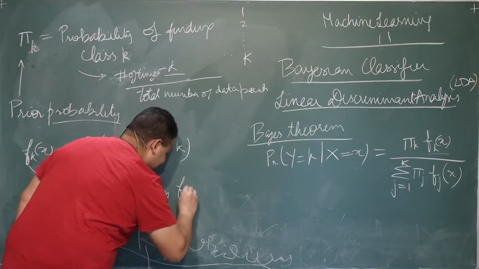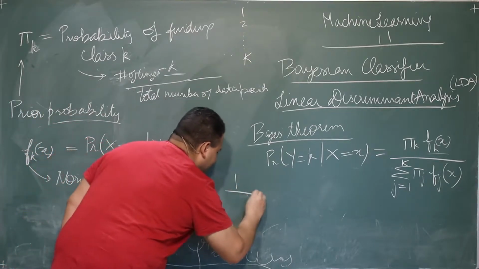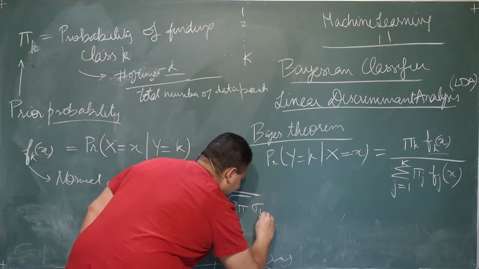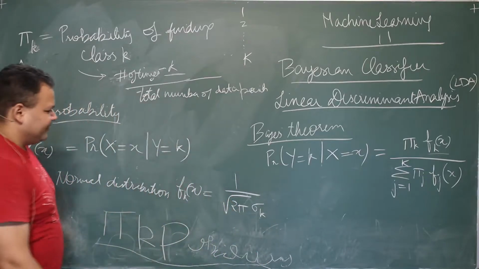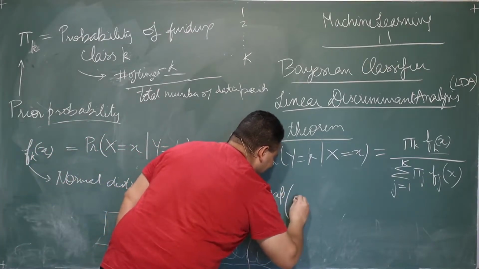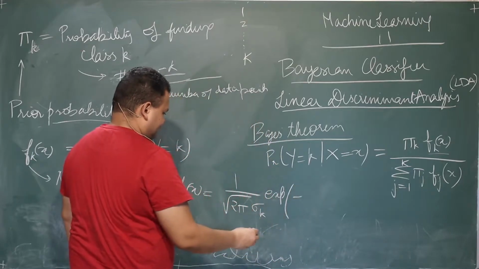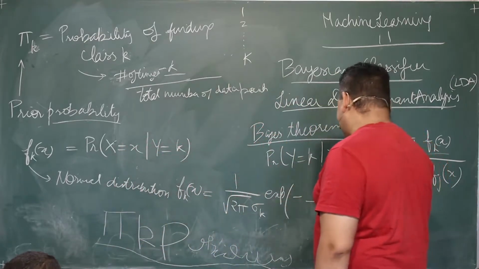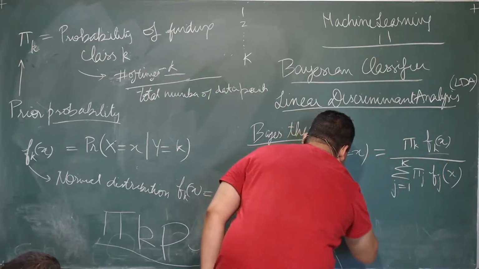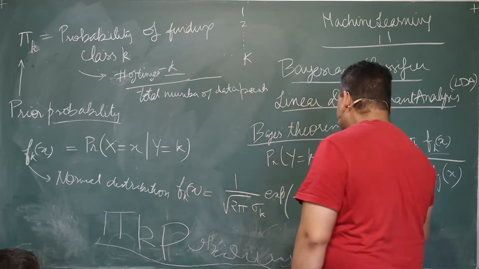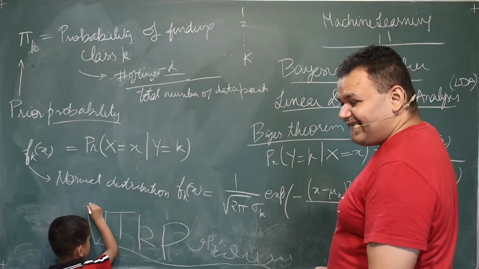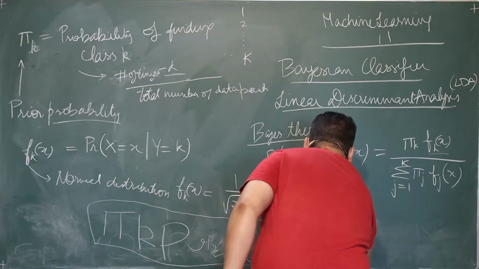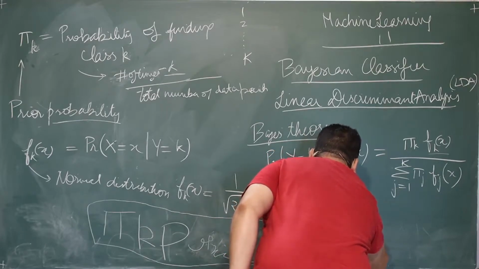So f k x is going to be 1 over root 2 pi into sigma k, exponential of minus, what is it, tell me, x minus mu k whole squared divided by 2 sigma k squared.